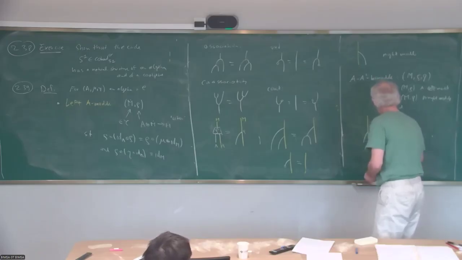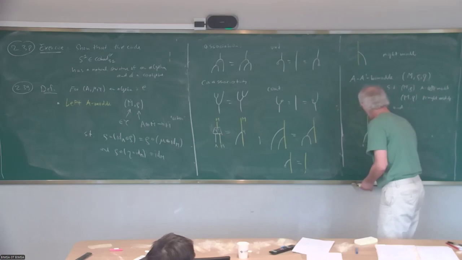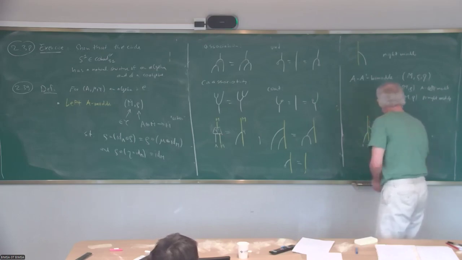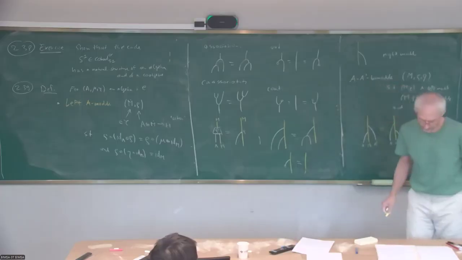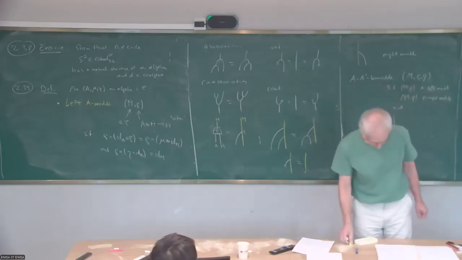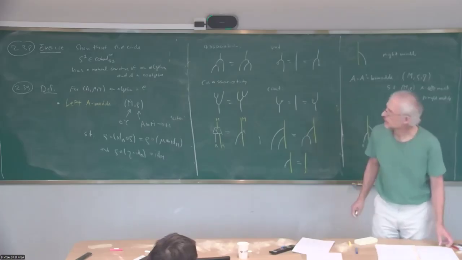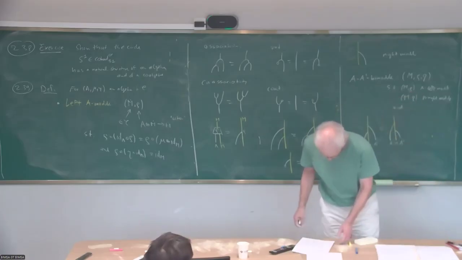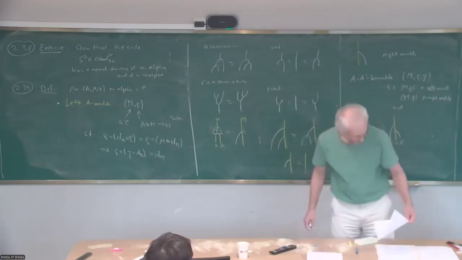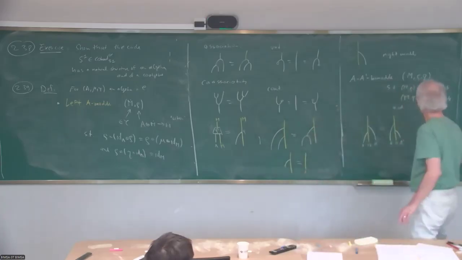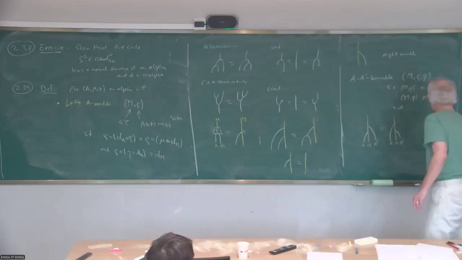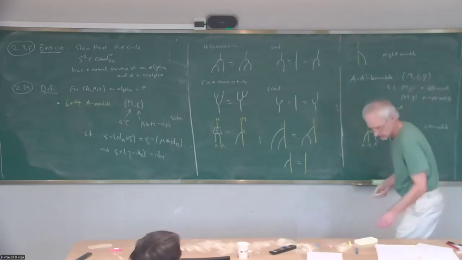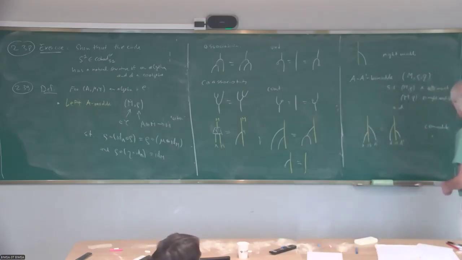We have this equality. So here we have M and A prime. We can also define a left co-module over a co-algebra.